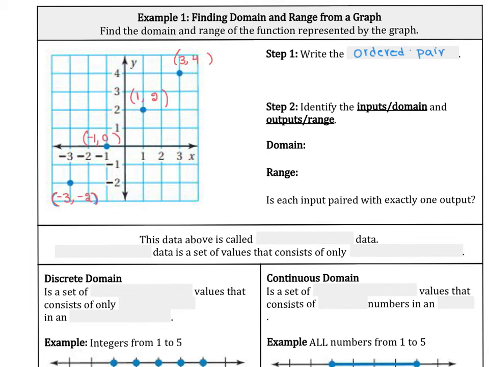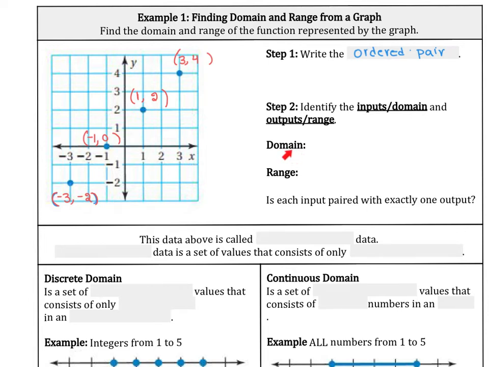So from the graph, we found the ordered pairs, which is x comma y. And now we are going to identify the input, slash domain, which means that we are going to write the x values.